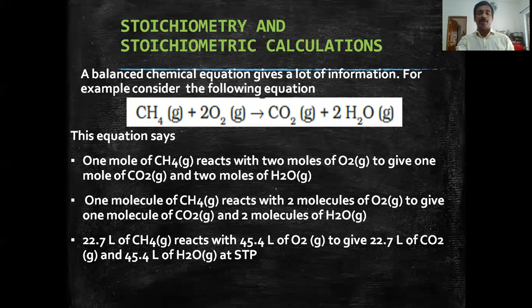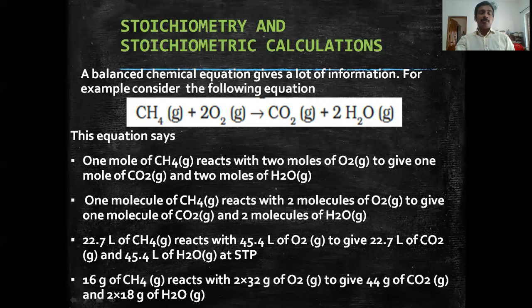22.7 liters of CH4 at STP reacts with 45.4 liters of oxygen to give 22.7 liters of CO2 and 45.4 liters of H2O gas at STP. 16 grams of CH4 reacts with 2 into 32 grams of oxygen to give 44 grams of CO2 and 2 into 18 grams of H2O.